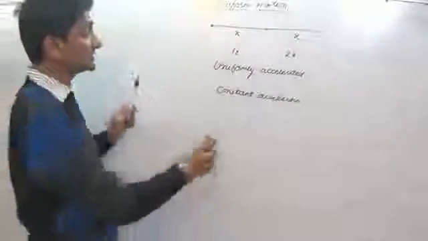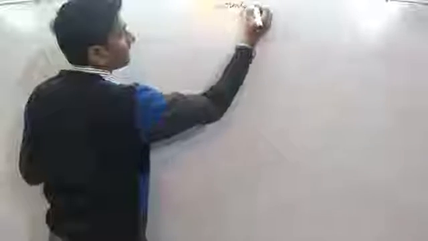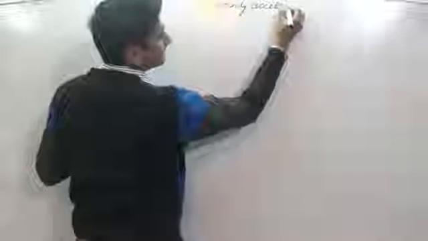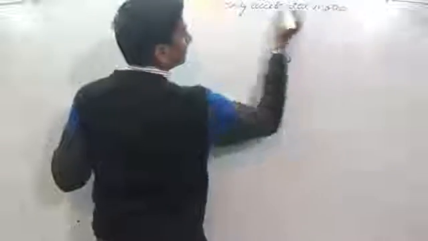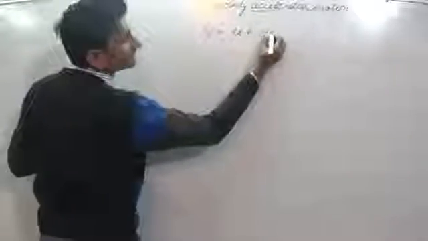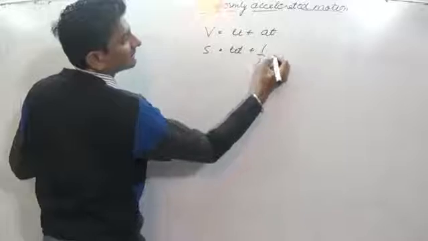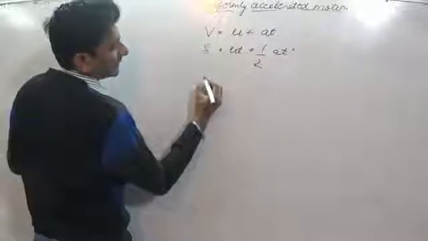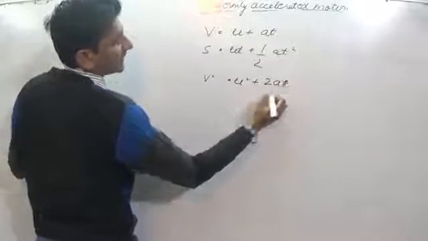are V is equal to U plus AT, S is equal to UT plus half AT square, and V square is equal to U square plus 2AS.